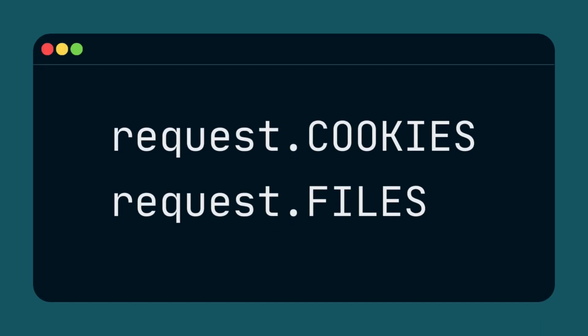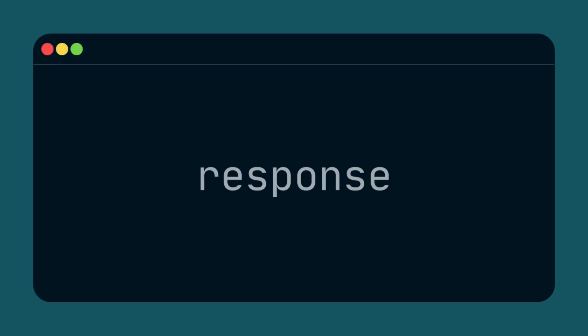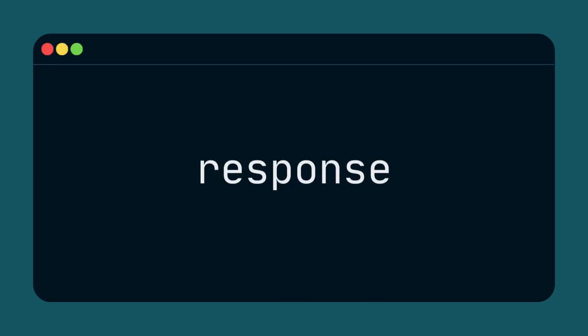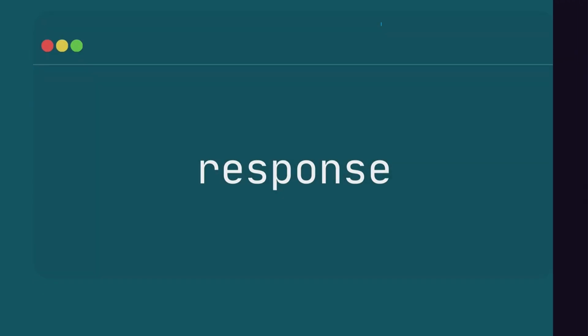Other request properties include request.COOKIES, which gives us access to a dictionary containing the user's previous interaction with our server, and request.FILES, which gives us access to the files uploaded by the user. The response object is what we send back to the user, which we saw when we sent back the texts hello world and hello Ethiopia.